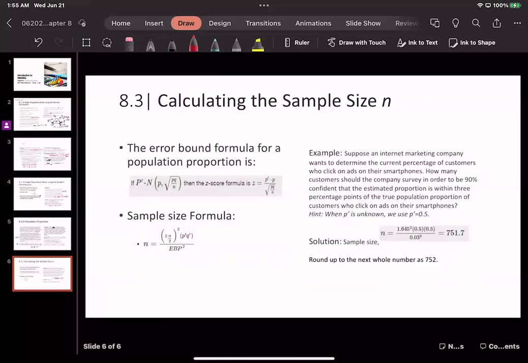The last slide is how to calculate the sample size when you work on the estimation of the population proportion. The sample size formula comes from the error bound formula for a population proportion, and we just reformulate.